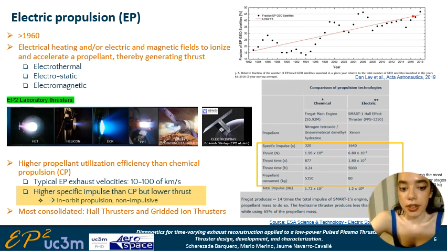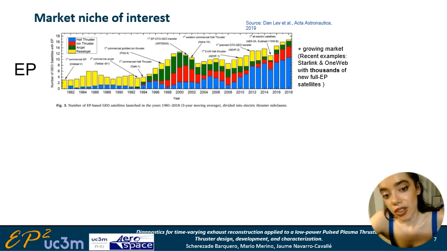The most consolidated technologies are the Hall thrusters and the gridded ion thrusters. However, these two technologies are not the suitable ones for all mission size scales.